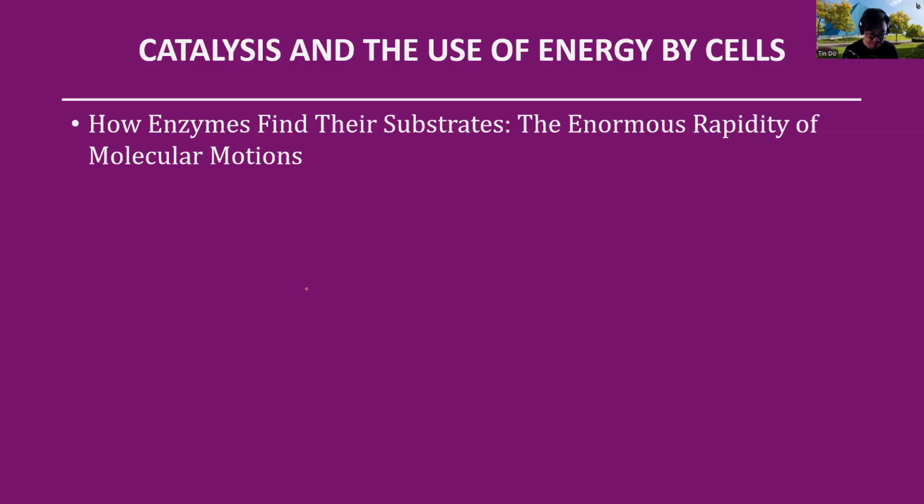Now, how do enzymes find their substrate? They don't have brains. There's nothing to tell the substrate, hey, come over here, I'm ready to go. It's very similar to your car. The car doesn't tell you, hey, I'm over here, we're ready to go.